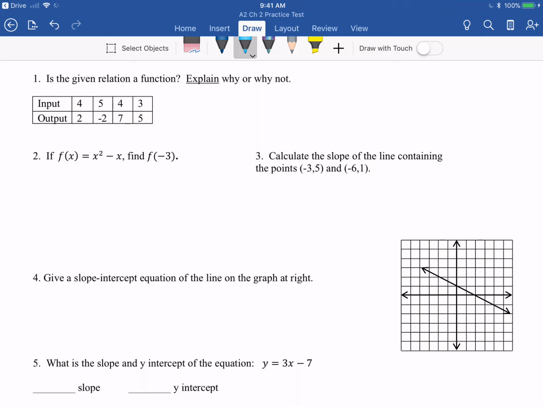Is the given relation a function? We'll jump straight into number one. Remember here that you can't have x values that repeat. So explain, no, this is not a function, because 4 leads to more than one output.